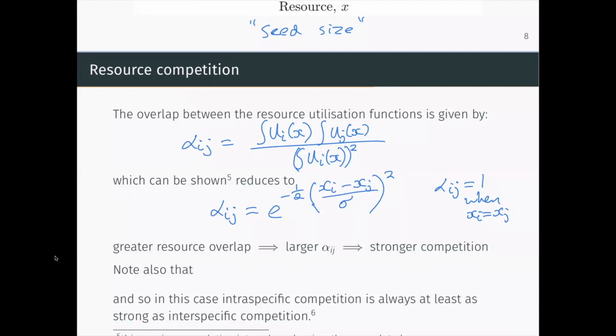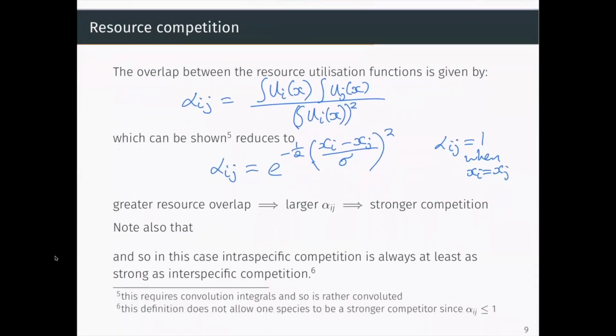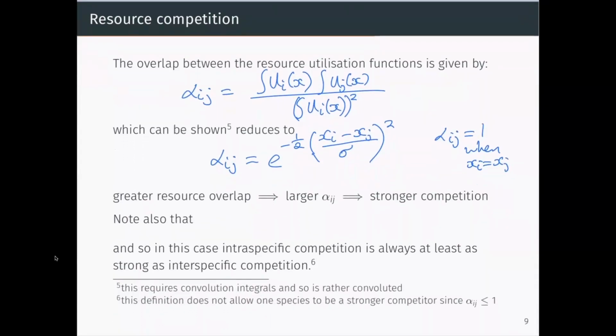And then as these xi's and xj's move far apart from each other, then this alpha ij is going to get smaller and smaller and tend towards 0. So in other words, the greater the resource overlap we have, the larger the alpha ij we have, and therefore the stronger the competition.